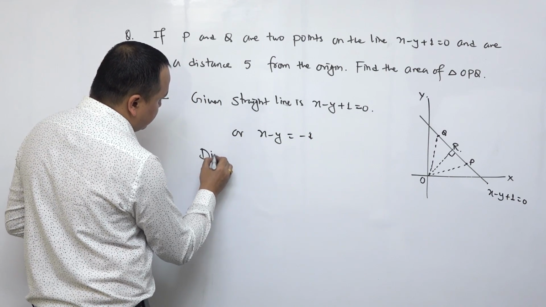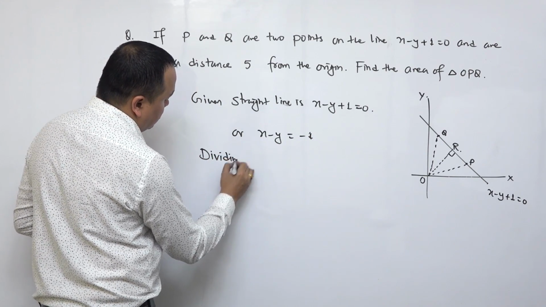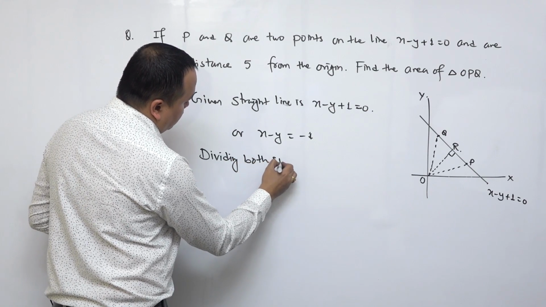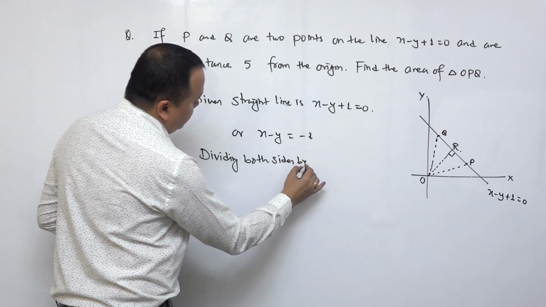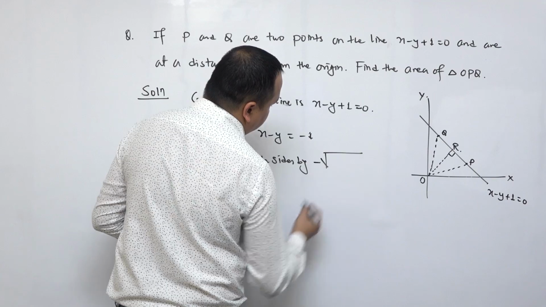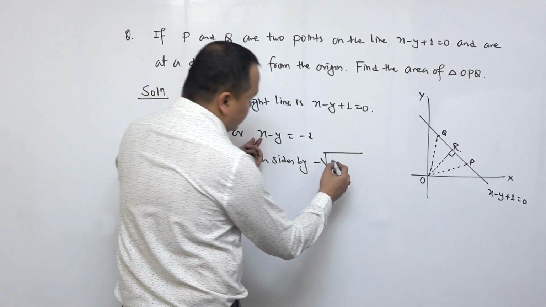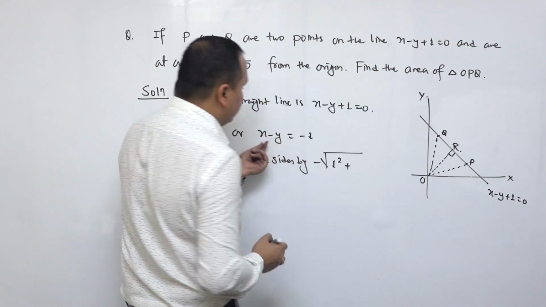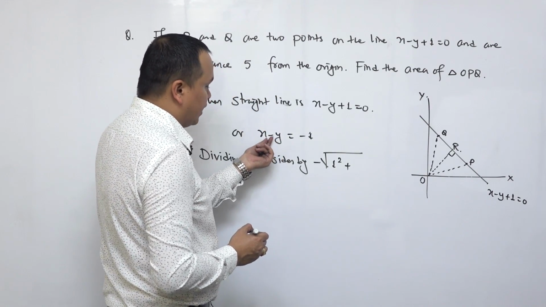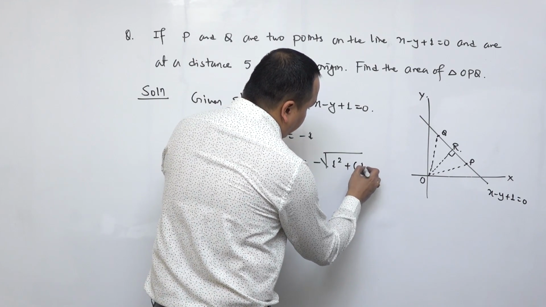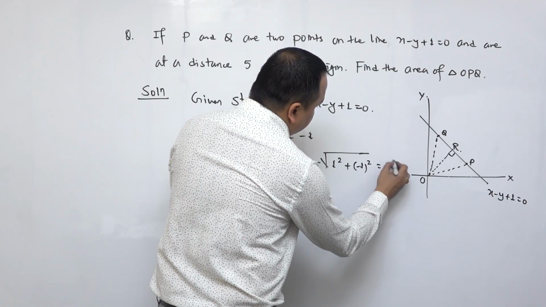Dividing both sides by the square root of the sum of squares of the coefficients: coefficient of x is 1, 1 squared, coefficient of y is minus 1, minus 1 squared, which is 2.